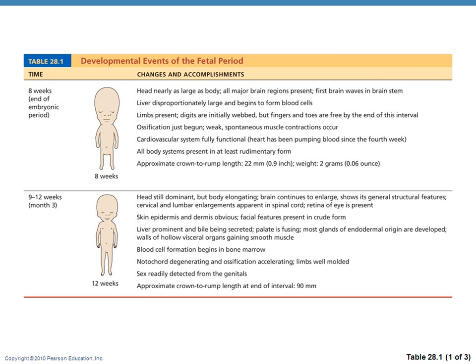We move into the 9 to 12 weeks. You can see that the external genitalia, the sex of the child, is becoming a little bit more easily detectable. Blood cell formation begins in the bone marrow. Skin and epidermis is obvious now.